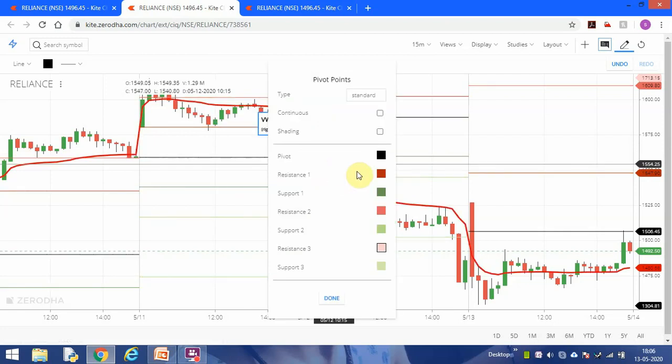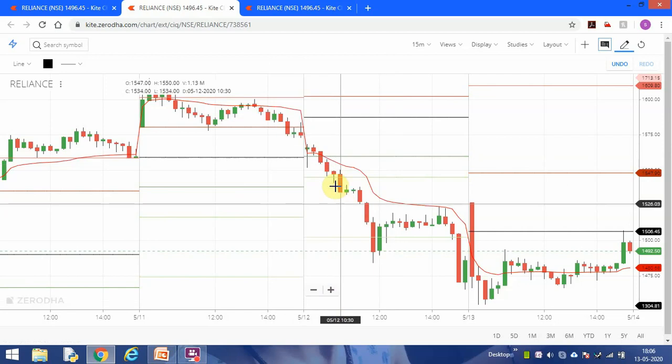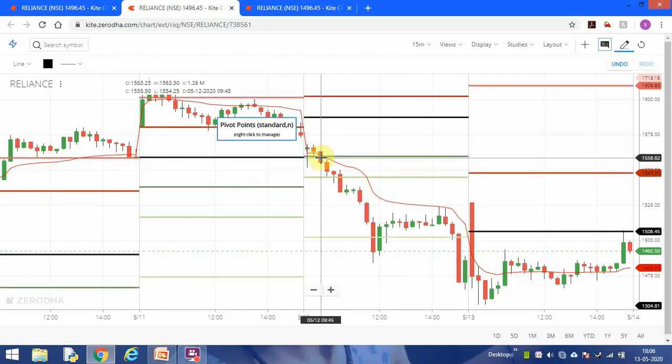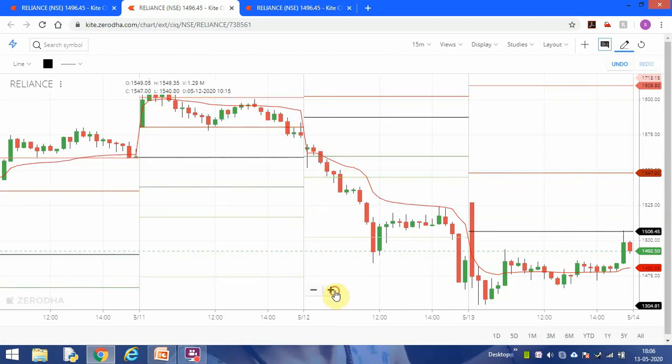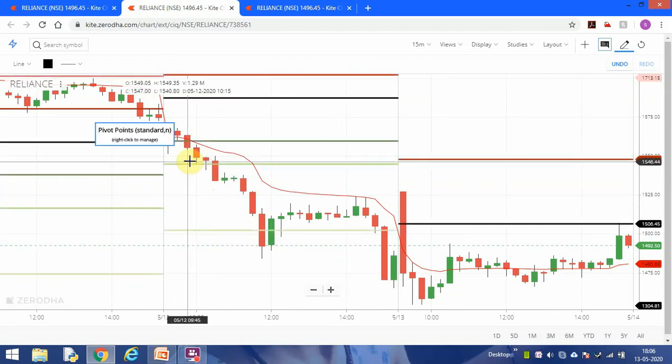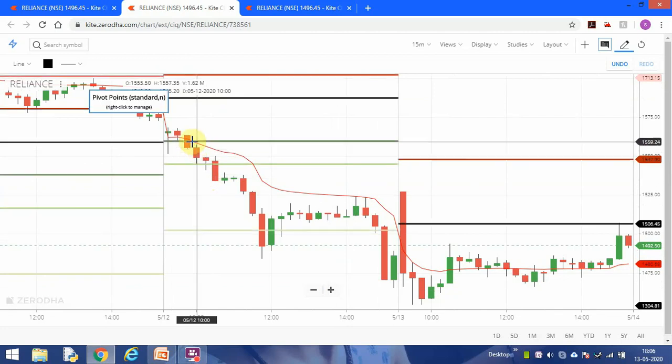This is the pivot point. So I already told, if any stock is going below pivot and you have a bearish candle on that, then you have a short trade. So you should have shorted here.